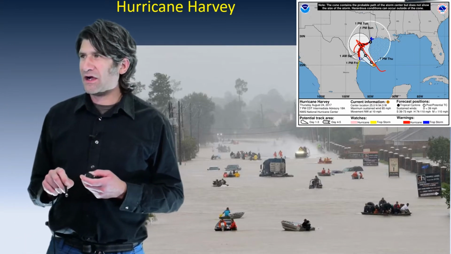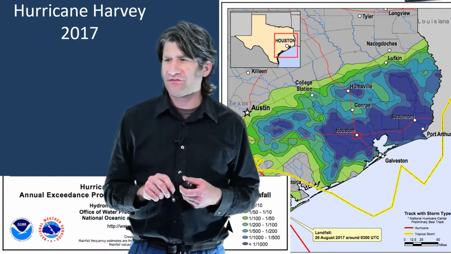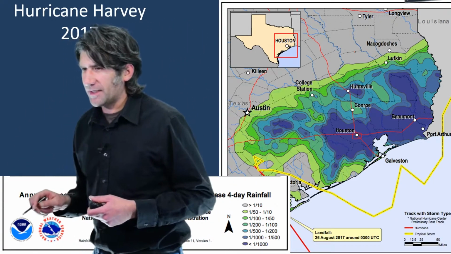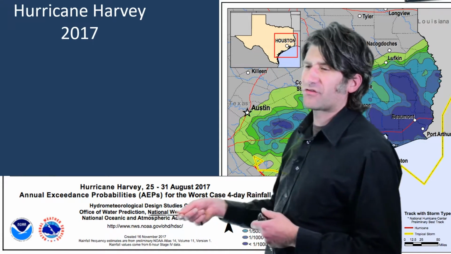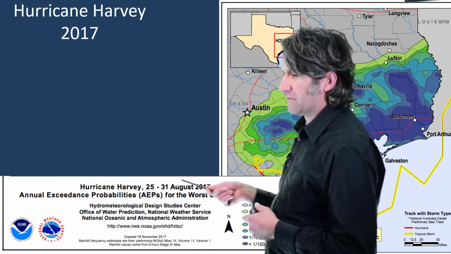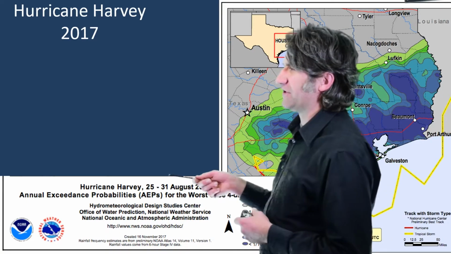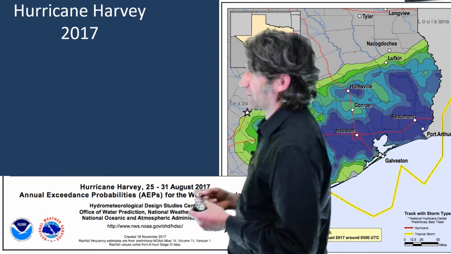So here it is, Hurricane Harvey 2017. And what I'm pulling up here is our exceedance probability, how often you would expect a rainfall event of this size, of the total amount of inches, where we got many tens of inches or over 10 inches of rainfall associated with Hurricane Harvey.